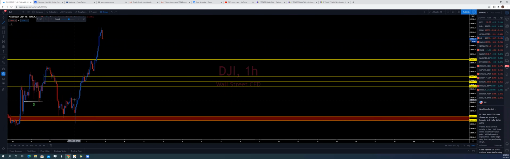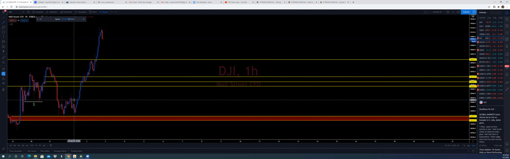And this move, I'm gonna show you how powerful these levels are, because these levels right here are from this downward. And this would have been you getting back in, getting in a sell, using these levels.